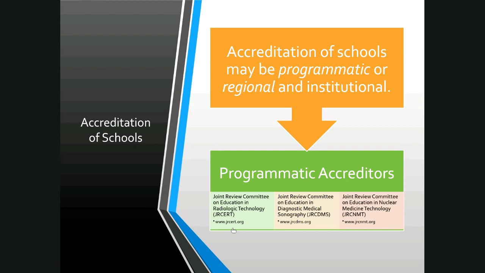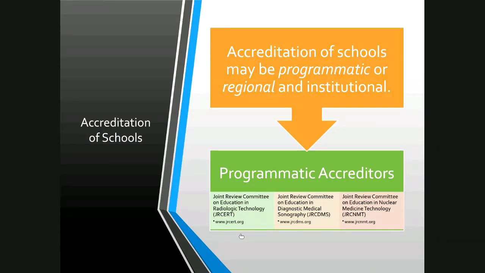Anything to do with the program or education as far as how we operate or what we're required to do, that is going to have been put in place by JRCERT. They have a joint review committee where the accrediting agency appoints members to that board, and it's specific to education and radiologic technology. That is who we submit all of our proof to, and who approves or denies our accreditation application.